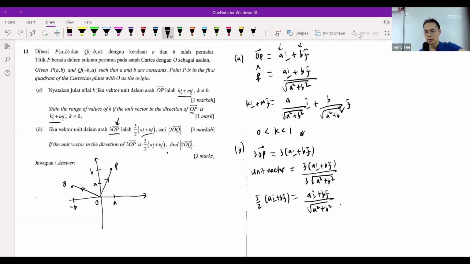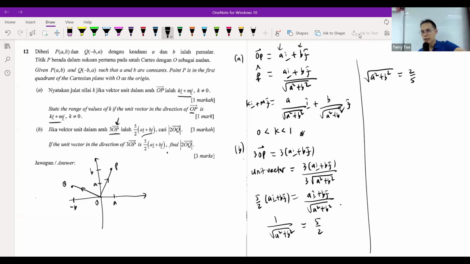We know that we can compare this. Can I flip this down? As in, let me write 1 over square root of a squared plus b squared is now 5 over 2. So your a squared plus b squared would be 2 over 5. Now, what does this thing represent? This is the magnitude of OP.